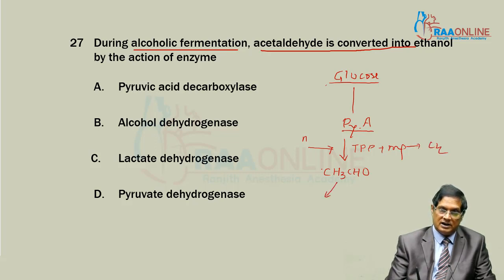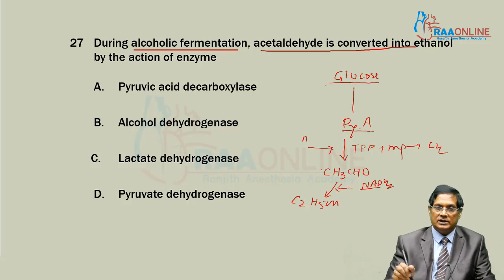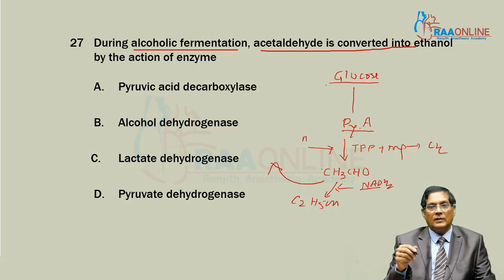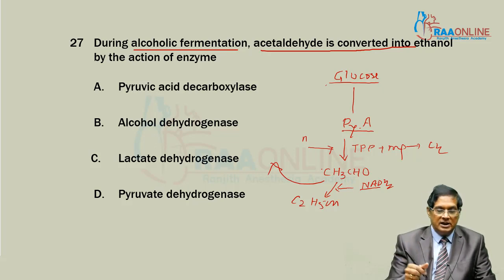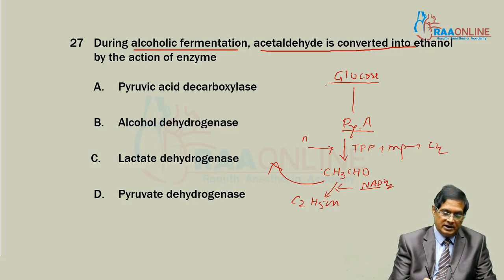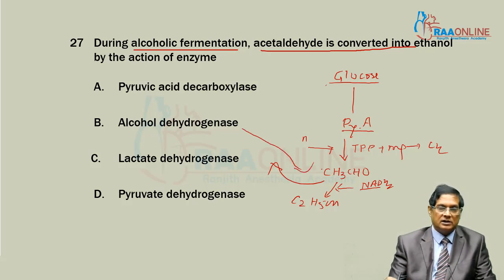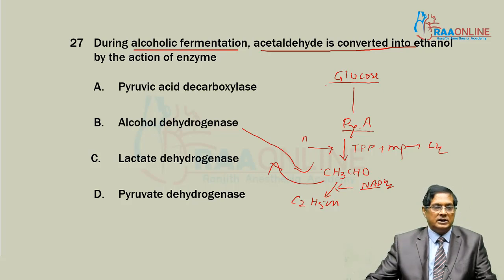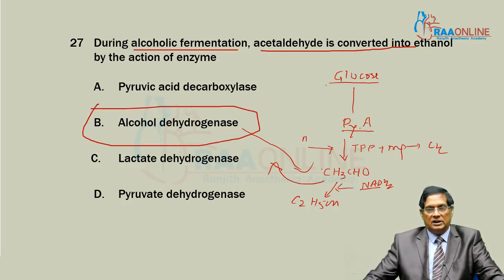Then this aldehyde is reduced by NADH2 from glycolysis to C2H5OH. So this is the reduction step, and it needs the enzyme alcohol dehydrogenase. Alcohol dehydrogenase enzyme is involved for the reduction of aldehyde into alcohol.